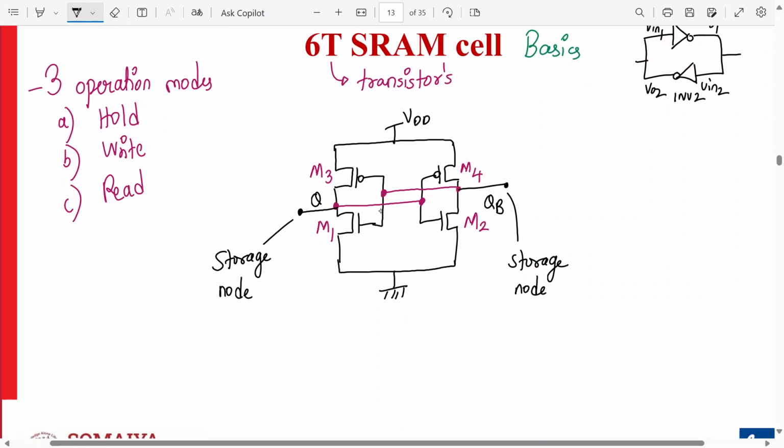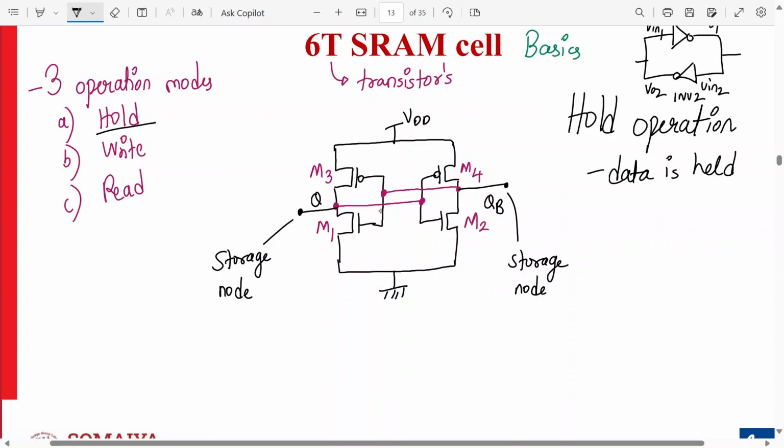Yes or no? So we are explaining the hold operation. So what will happen in hold operation? Your data is held in the latch.